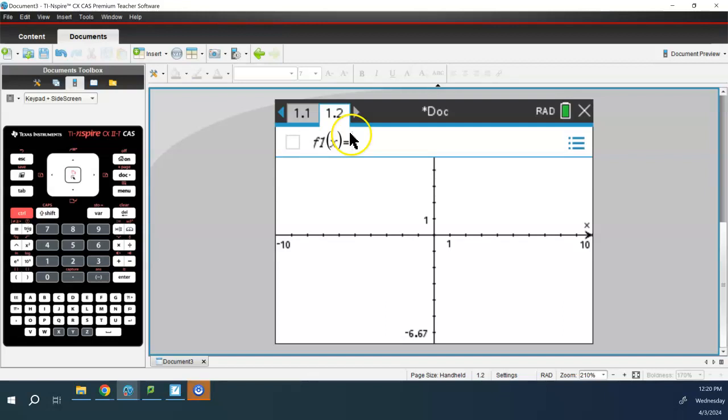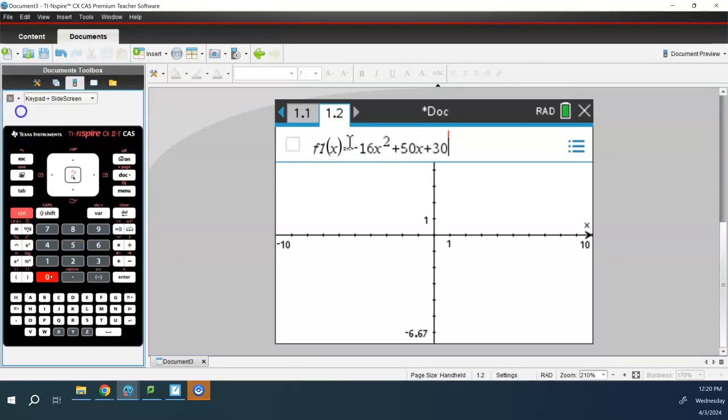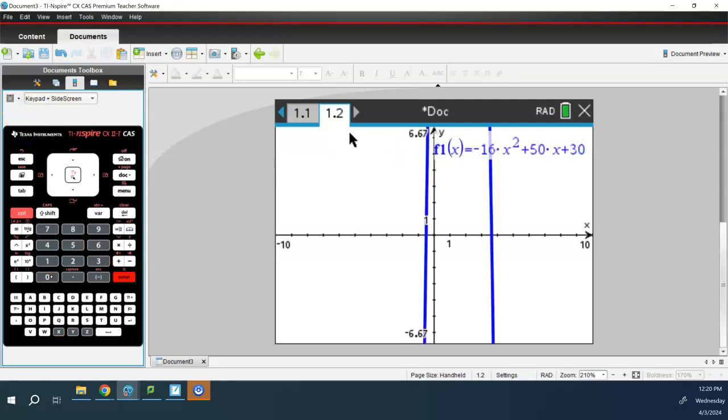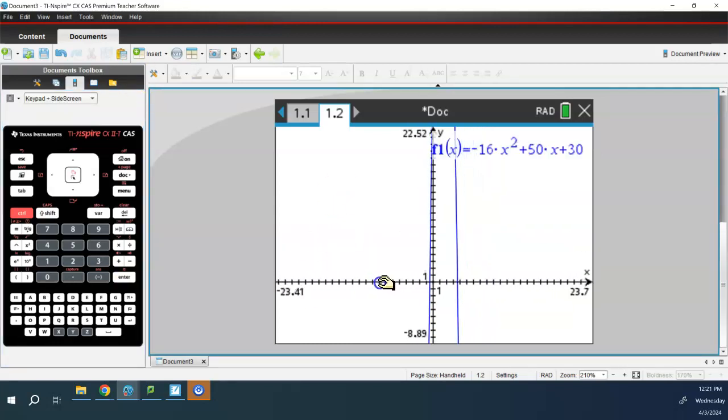Because it's in function mode, negative 16x squared plus 50x plus 30. It's going to look like that, and it's going to look like, whoa, wait a second. Ooh, that breaks. I don't like that.